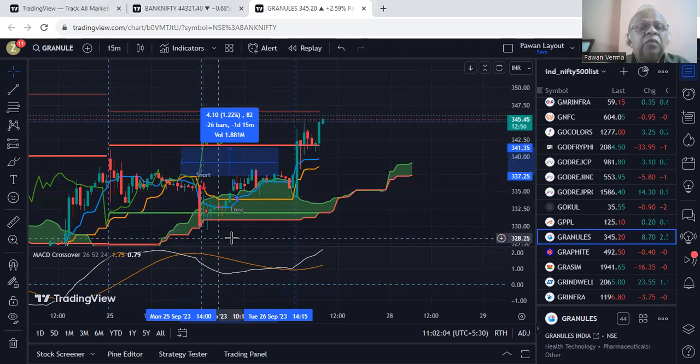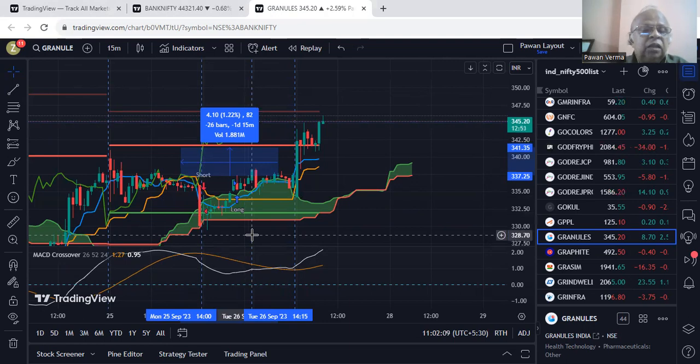What we are observing, this particular candle, it is the 2:15 candle yesterday, that is 26th of September 2023, and this is the bullish candle.